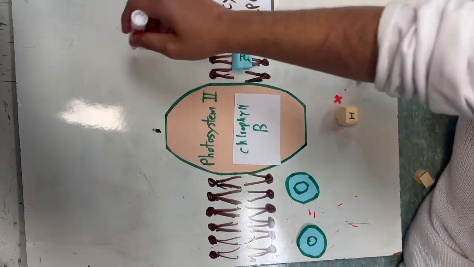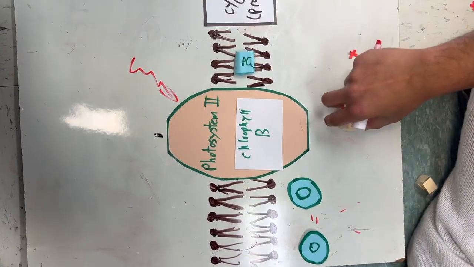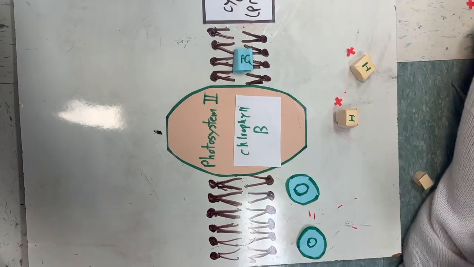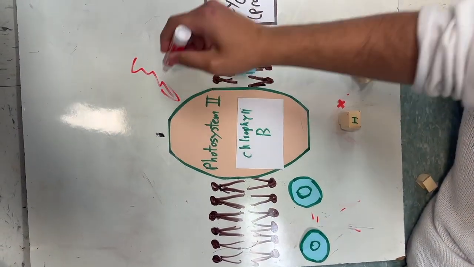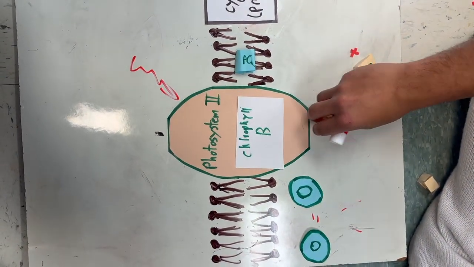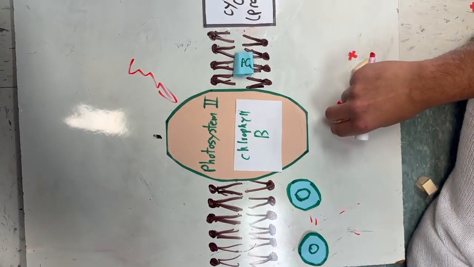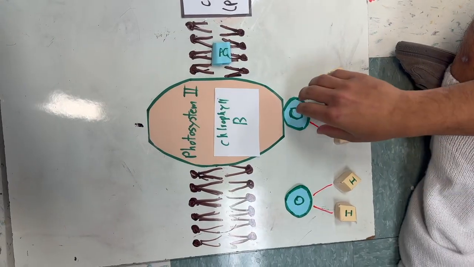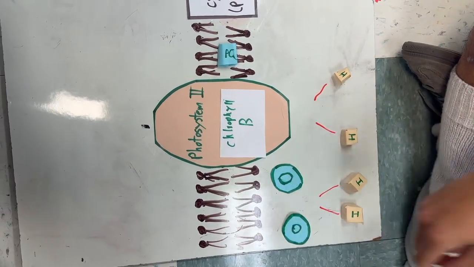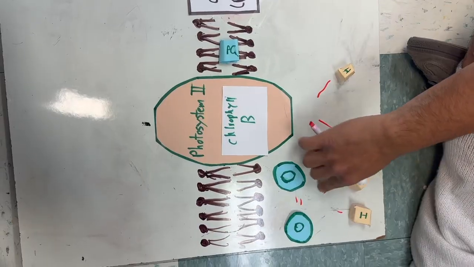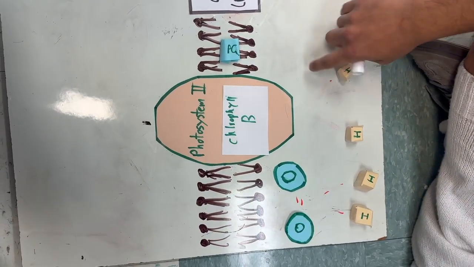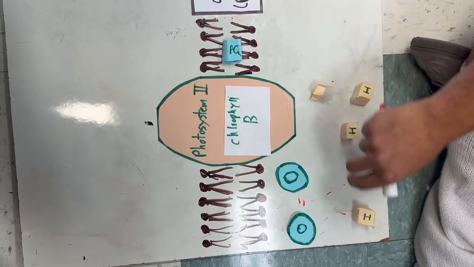The light excites the chlorophyll B's electrons in photosystem 2, which causes them to transfer and continue on to the next molecule in the electron transport chain, PQ. We can see that now photosystem 2 is missing electrons because the PQ has continued them on in the electron transport chain.